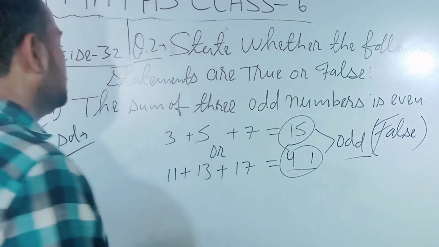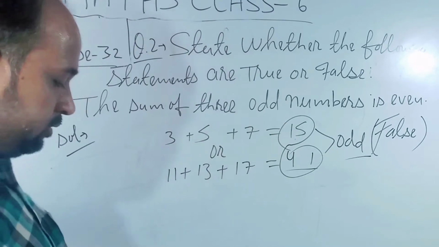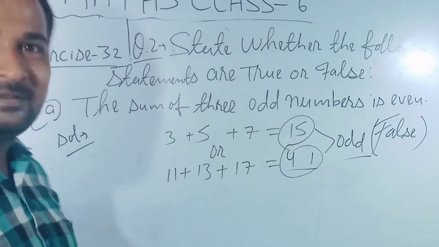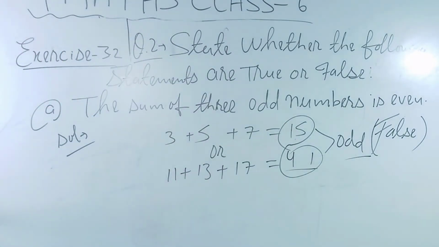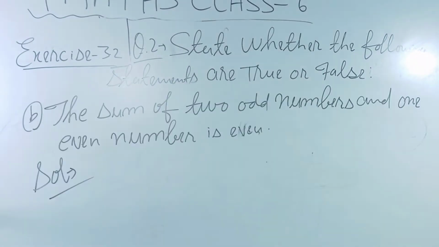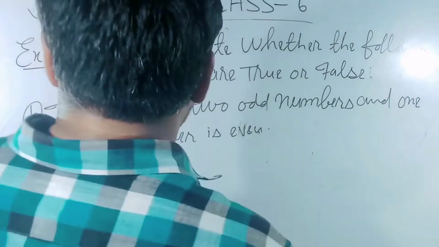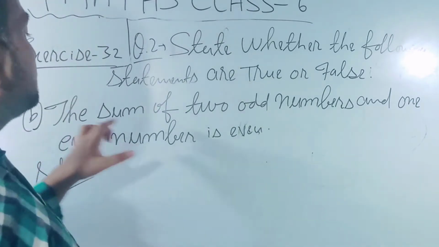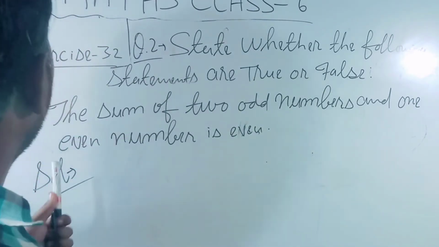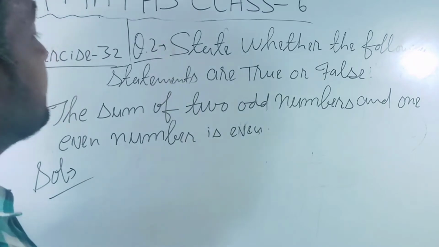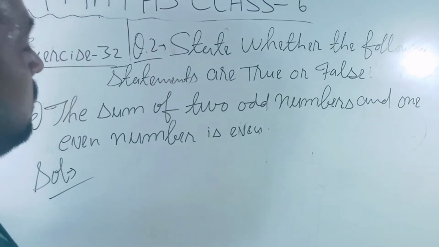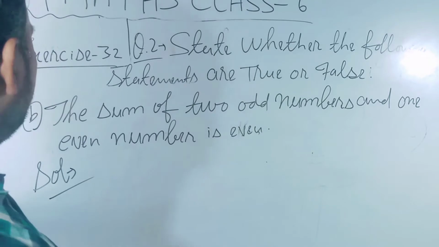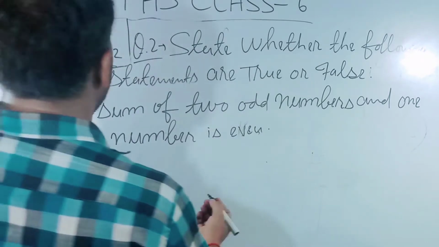Understood? Now let's solve another statement. Part B: the sum of two odd numbers and one even number is even. Let's see, I'm taking an example.